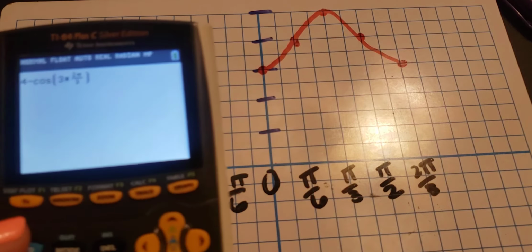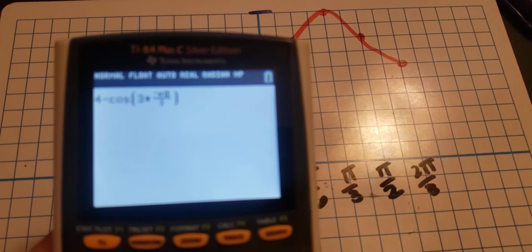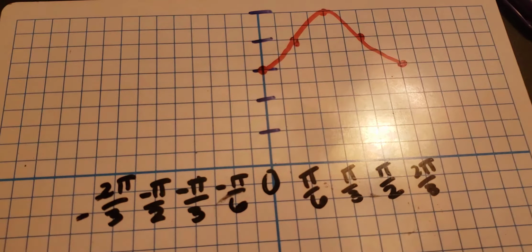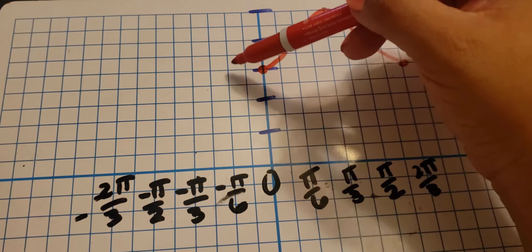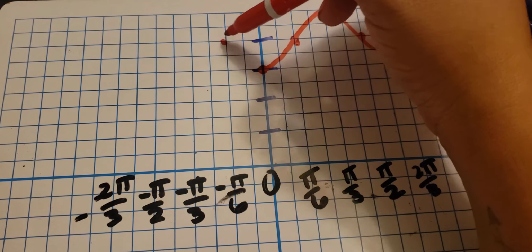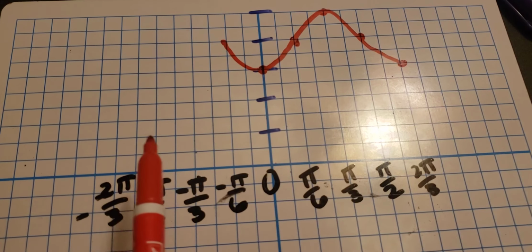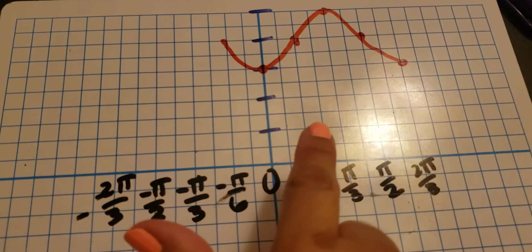Make sure you use the negative and not the minus. This will give you 4, so it'll go back up here. You can probably already get the pattern. You can use the calculator or just keep going with the pattern.